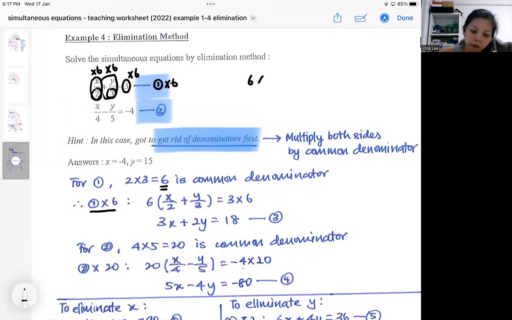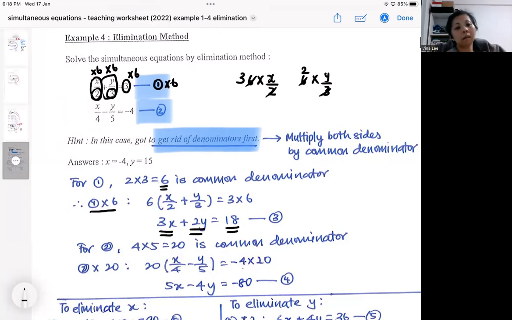So 6 times x over 2, cancel. That's how I got 3x. 6 times y over 3, cancel. That's how I got the 2y. And 3 times 6 gives you 18.